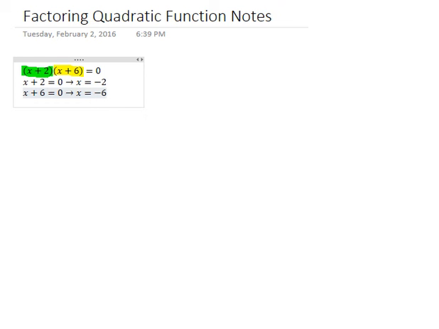In the context of our quadratic functions, if you're thinking about this in a graphical sense, what this is saying is that if I were to put this in my table of values, I would find my parabola crosses the x-axis at negative 2 and negative 6, which is handy, and for many physics problems and economics problems, knowing these values is very important.